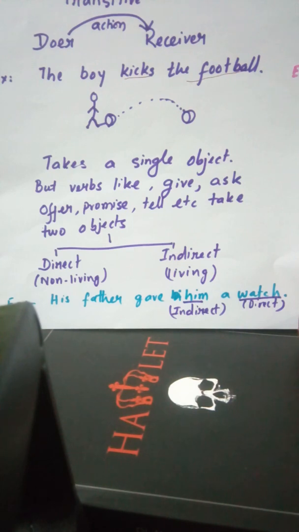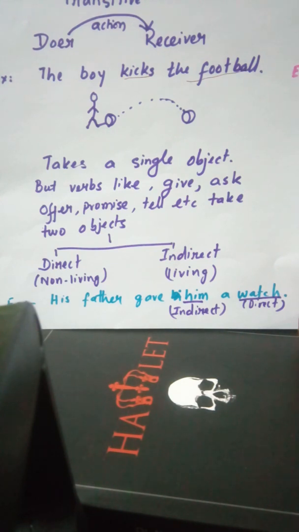However, you can see there are two objects, him and watch, in this particular sentence. So by seeing which action is affecting the object directly, we find that watch is getting directly affected by the action, hence watch is the direct object, and him is the indirect object because it does not get the direct effect of the action.